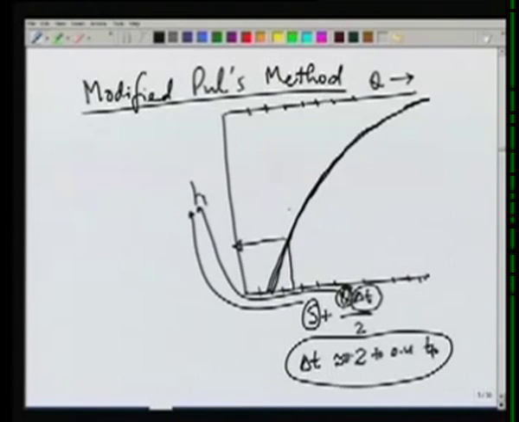Now on the same figure we have this plot of Q on this axis. So this is Q and this is S plus Q delta t by 2.